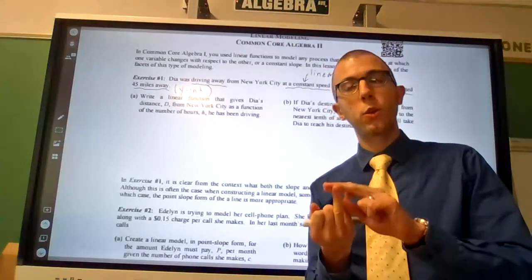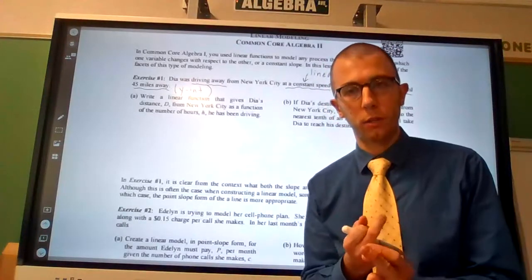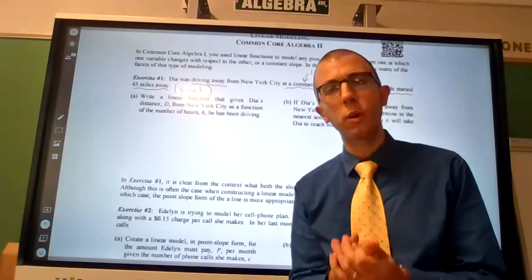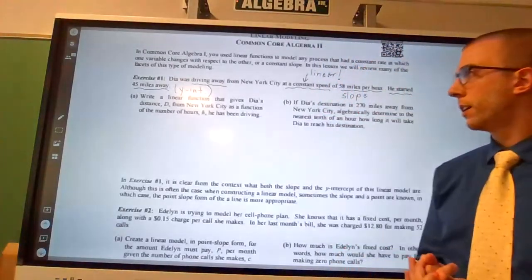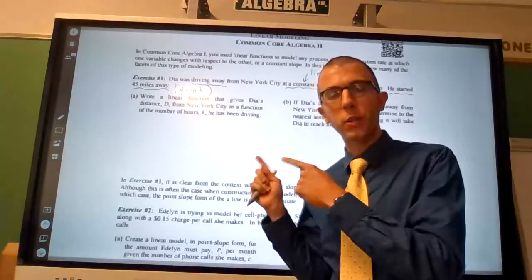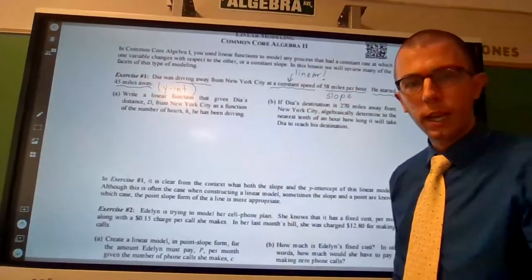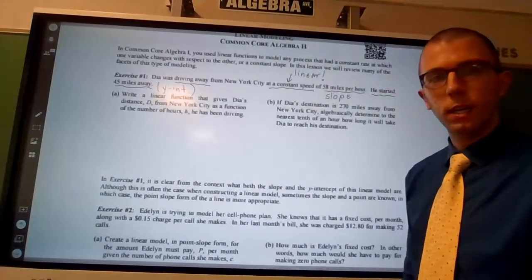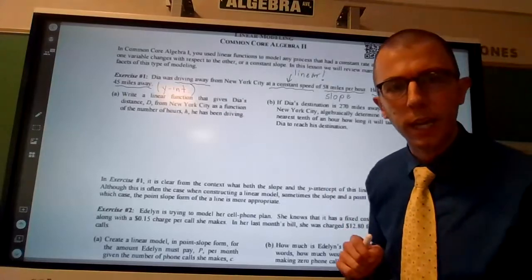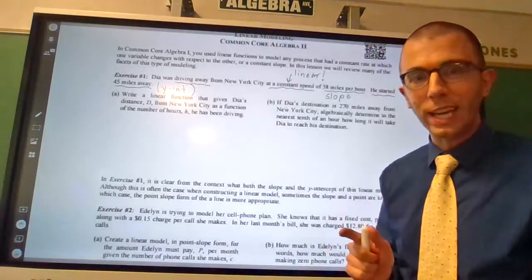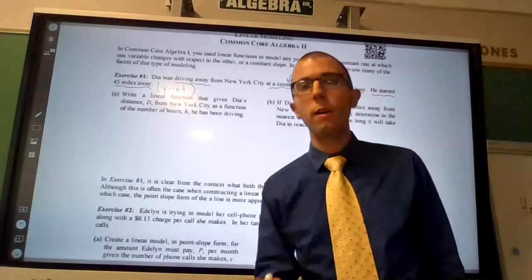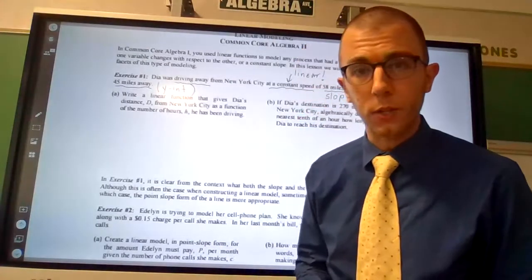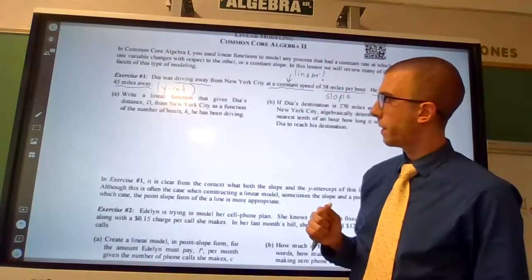Those are the two important components of a linear model or a linear function. And that's good to know because we're about to create this linear function in letter A here. It says, write a linear function that gives Dia's distance d from New York City as a function of the number of hours h that he has been driving.